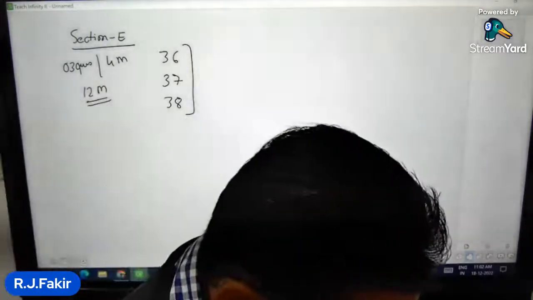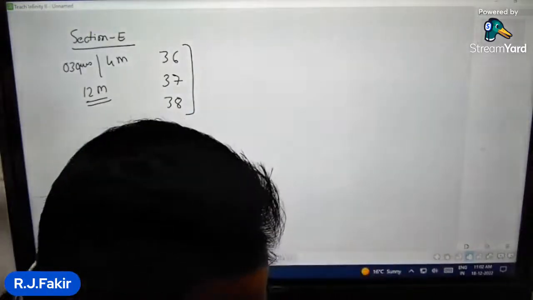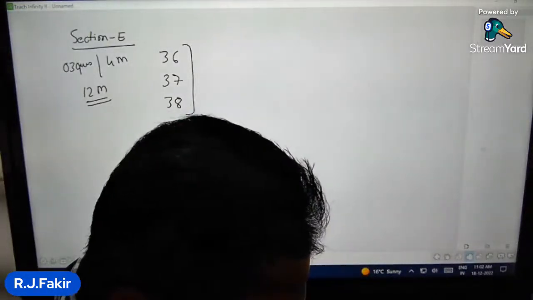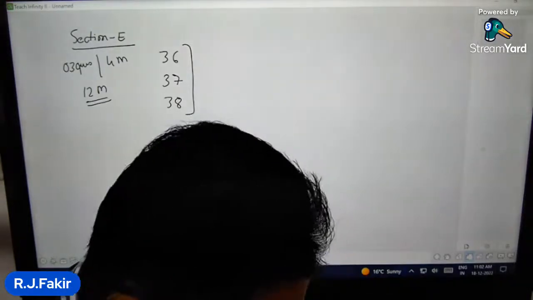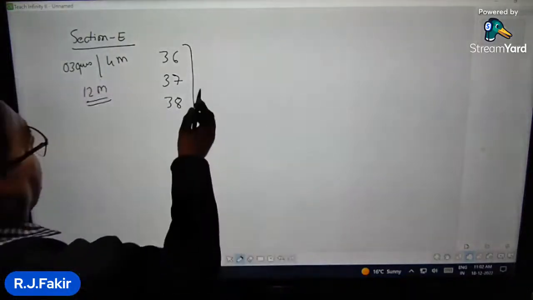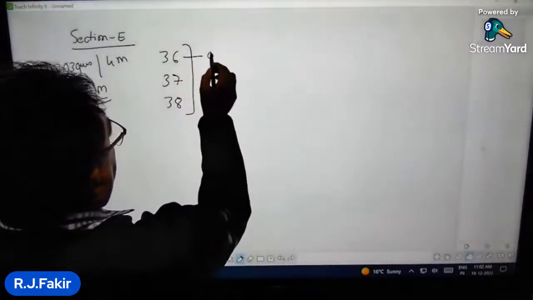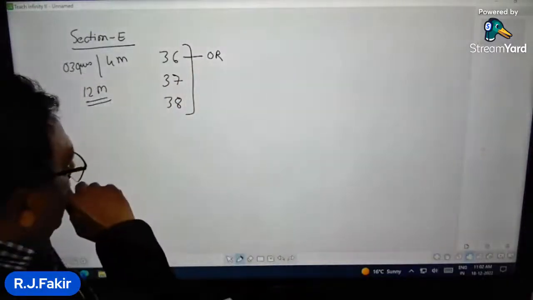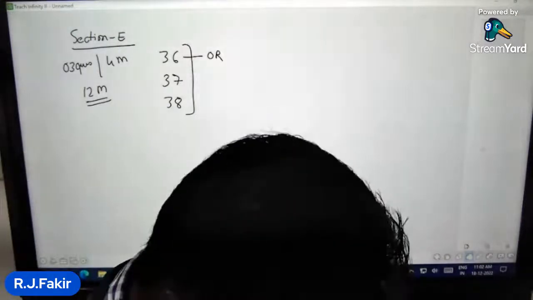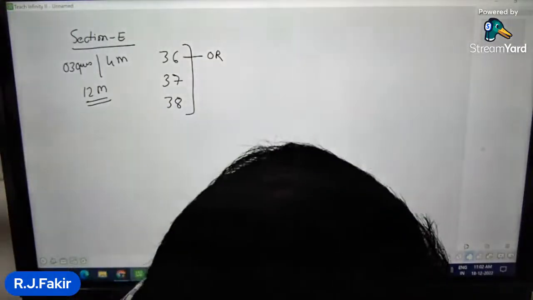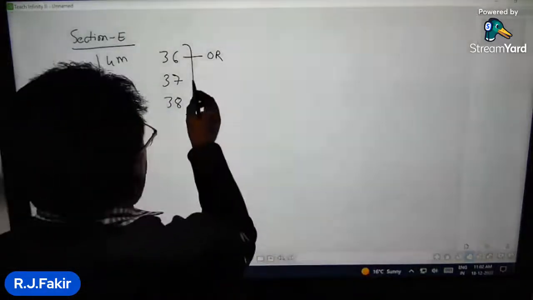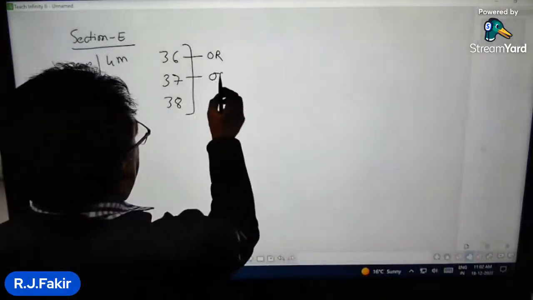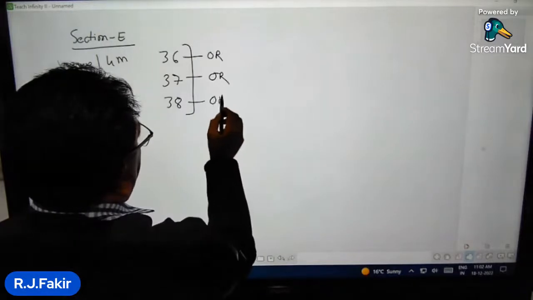Now what I find in this section is that these are case based questions. Let us first discuss the structure of this. Here you have a choice in 36. Then in 37 also you have a choice, and 38 also you have a choice.